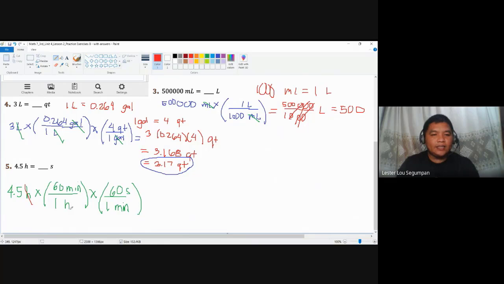Cancel the necessary units. So you will have 4.5 times 60 times 60 seconds, which is 16,200 seconds. That's the number of seconds in 4.5 hours.